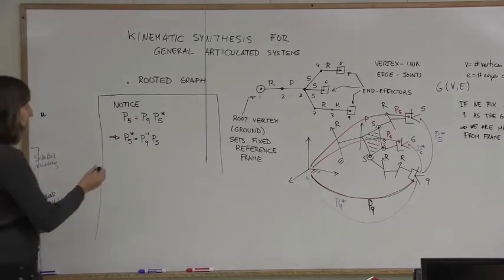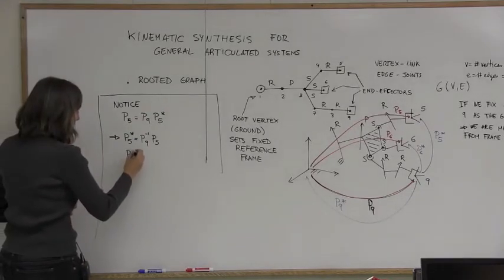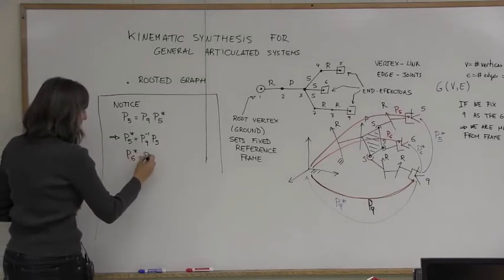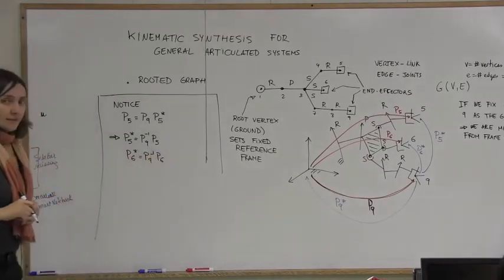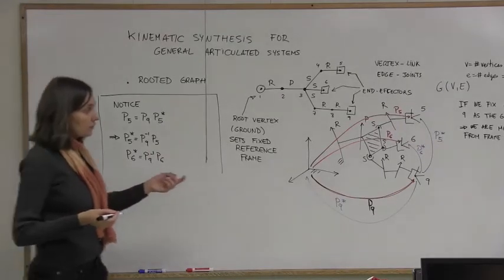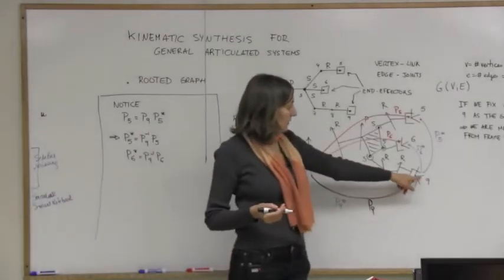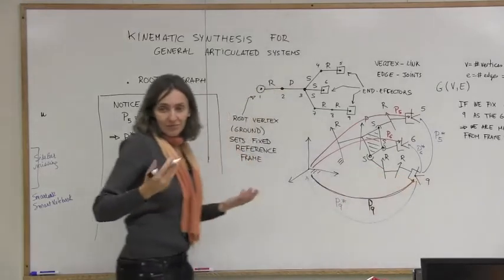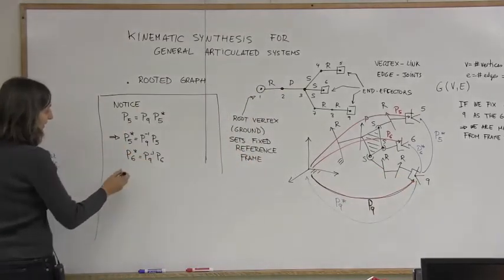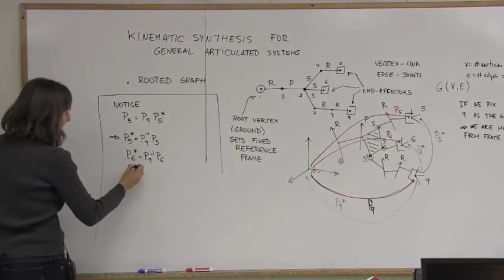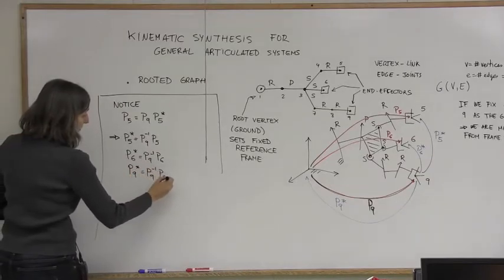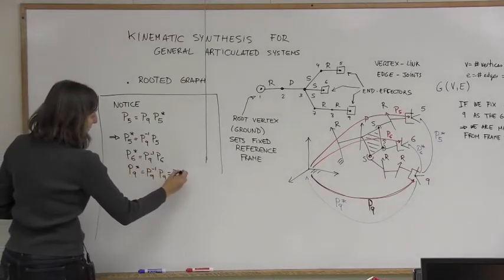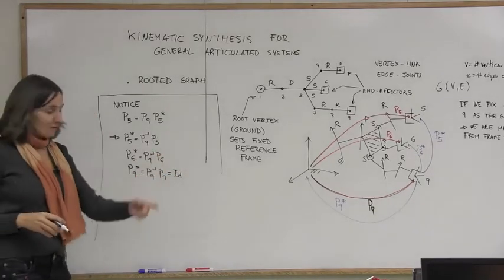Same thing is true for P6: P9 inverse P6. We can even apply it to itself. What is the transformation from 9 to 9 with respect to 9, right? So P9 star is equal to P9 inverse P9, which is the identity, which means, yes, I am measuring from myself.